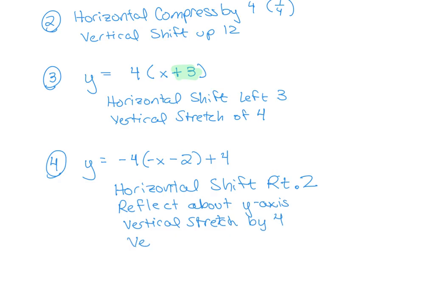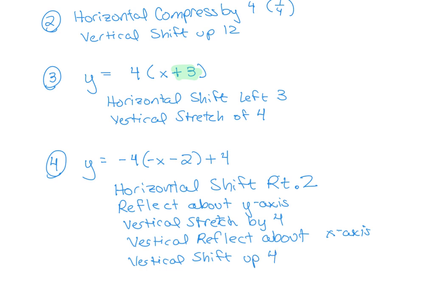We also have a vertical reflect about the x-axis. It's a vertical reflection, so top goes to bottom, bottom goes to top around the x-axis, and we have a vertical shift up 4.